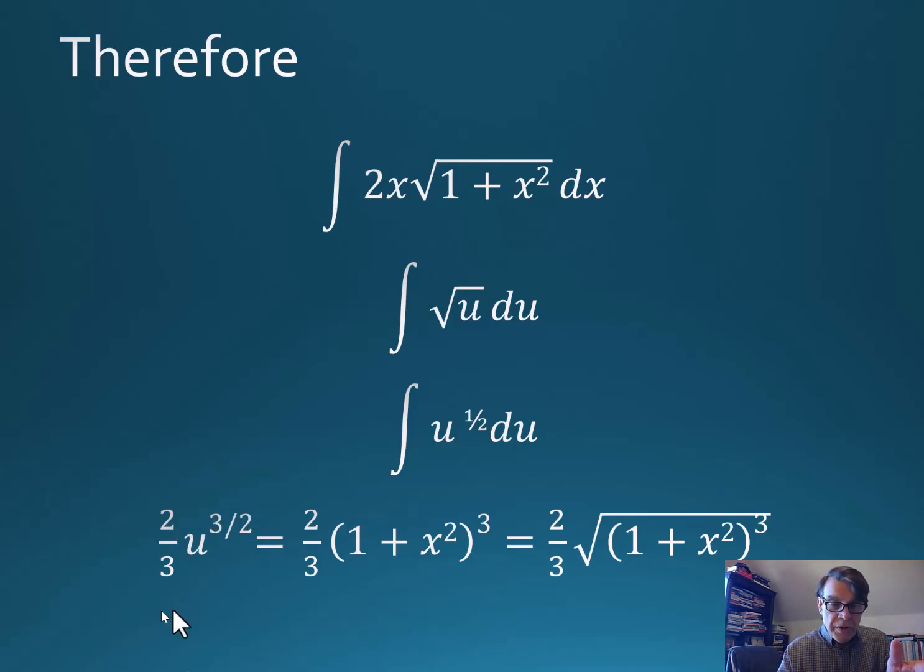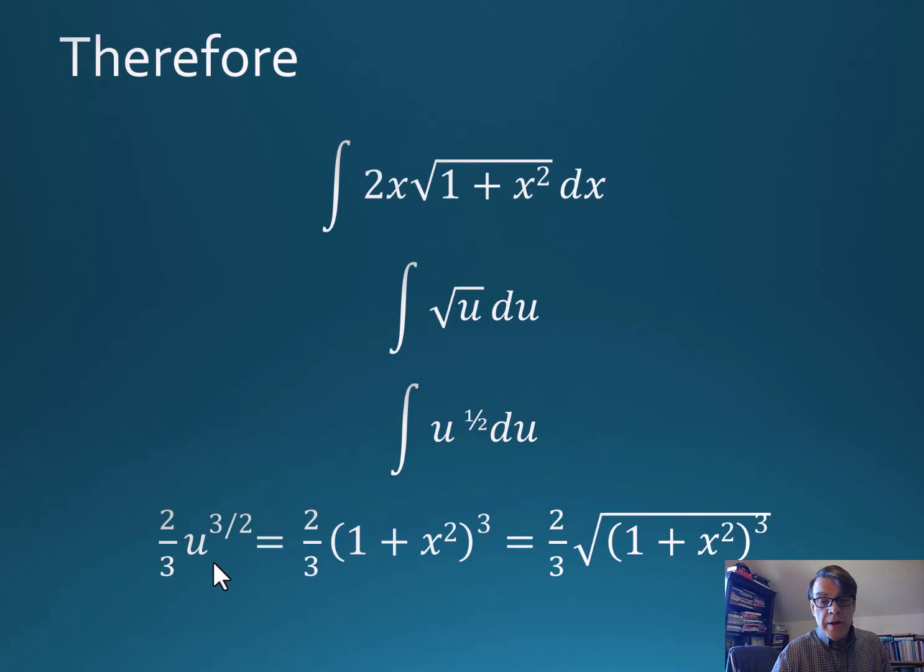Just to double check that this is in fact the integral of this, if I take the derivative, I'm going to multiply 3/2 times the front. The 3/2 and 2/3 will cancel out. And then I subtract 1, and it's going to be u to the 1/2, which is what I started with. Ding! We have a winner here. So this is the integral of this.